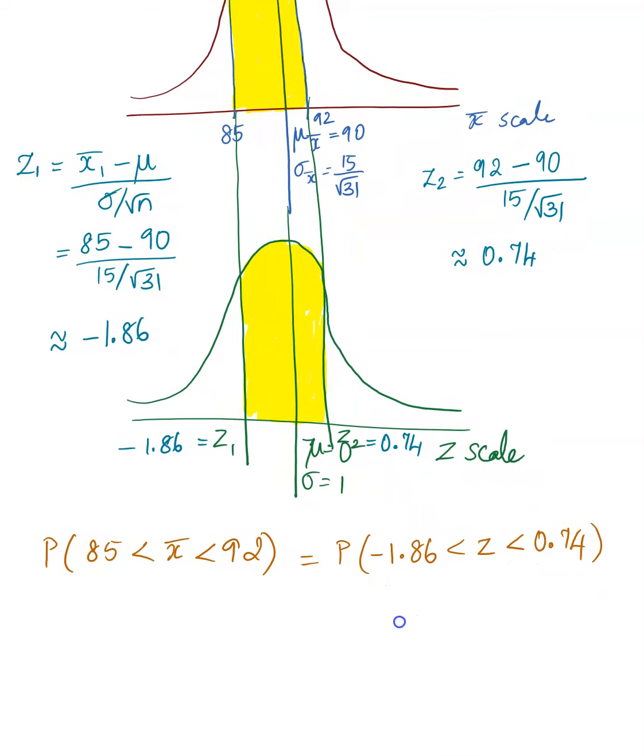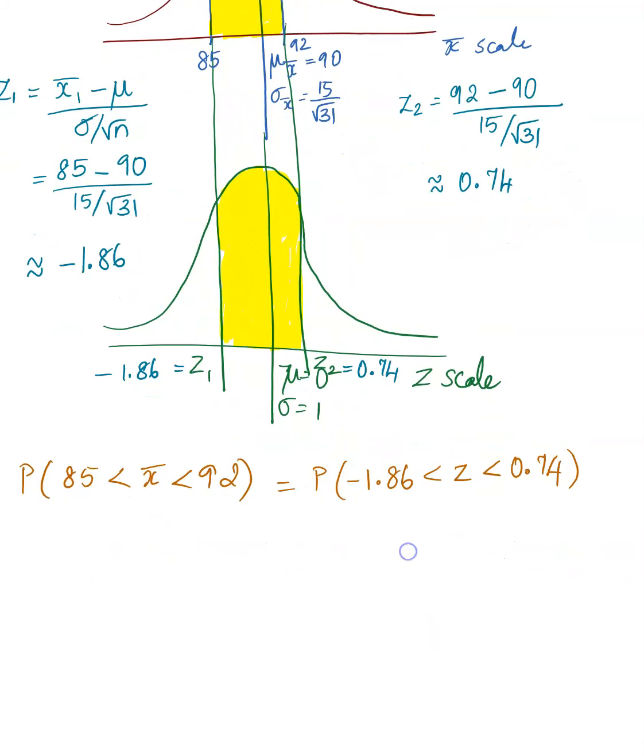That's the conversion from x bar to z. But when you're using the table, you take the probability of z less than 0.74, minus the probability of z less than negative 1.86, because that's the bigger area minus the smaller area.